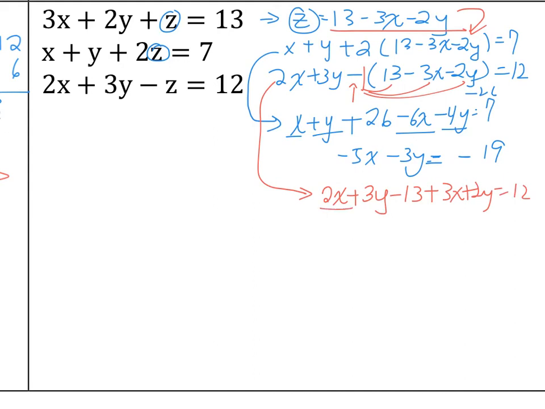So 2x plus 3x is 5x, plus 3y plus 2y is 5y, and then I'm going to have to add 13 to the other side of the equation, so that's 25. Okay, and I notice that I have a negative 5x here and 5x, so then I'm going to eliminate that. I will write this here.